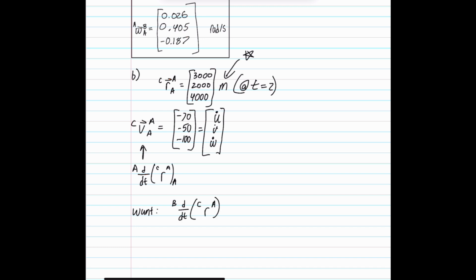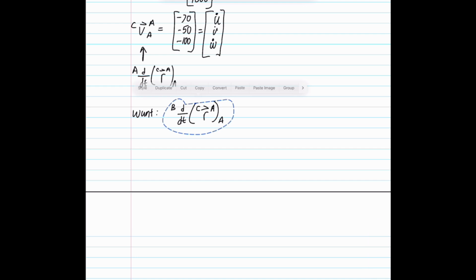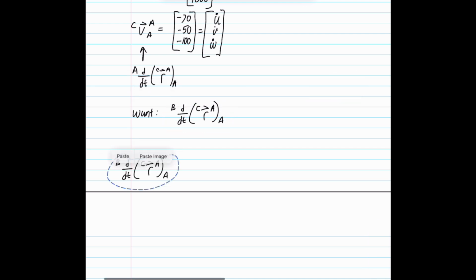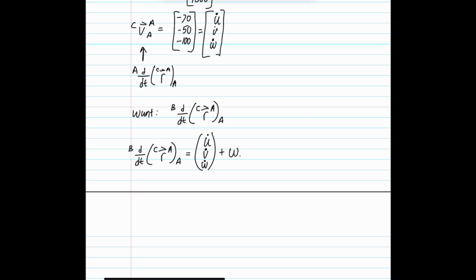We want the derivative of the position vector with respect to frame B. So we can use the transport theorem for that. The derivative of the components plus the contribution of the rotation of the frame.